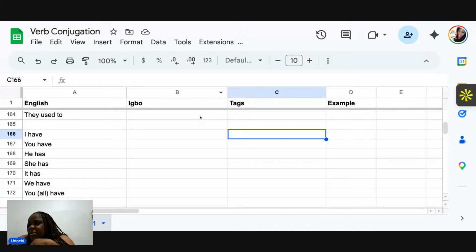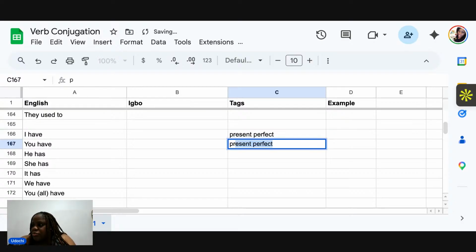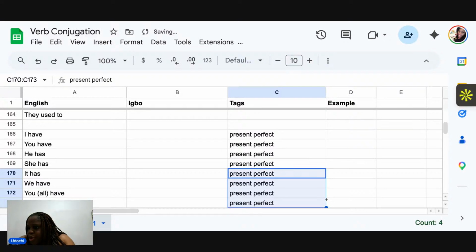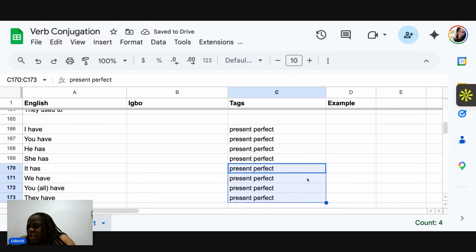So let me type in present perfect here. Oh, I could just do this. There we go. Present perfect. Okay.